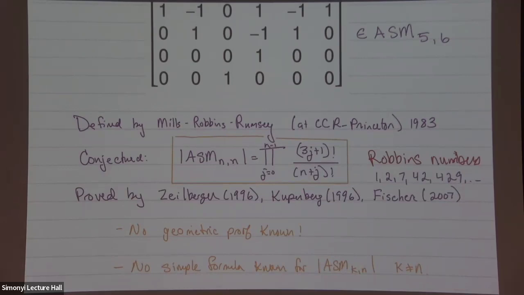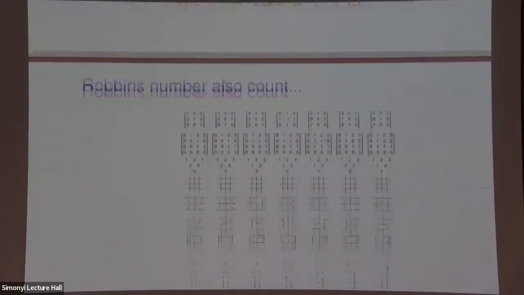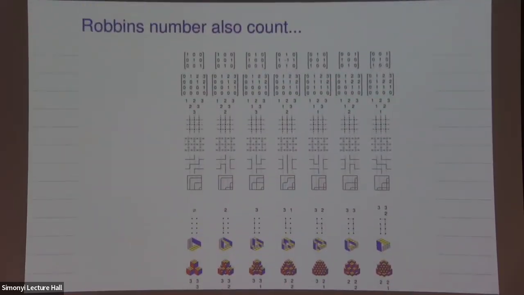So another thing to notice is that this is for the square case, and actually no nice formula is known if you do the rectangular case. So that's where we're at on those numbers. Okay, so here, since 1983, these alternating sign matrices have become very, very popular, and there are all kinds of different combinatorial interpretations for them.